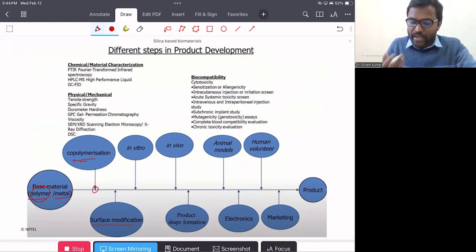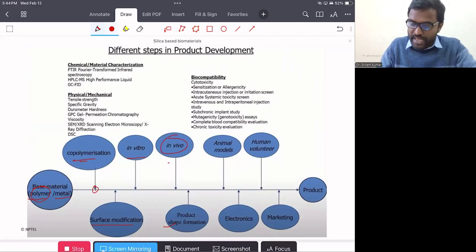Once we have the biocompatible material, we can use in vitro conditions for testing purposes. Once we succeed in the in vitro condition, we should test that material in the in vivo condition. Once we get a positive data response, we can go for product shape formation, maybe the initial product design.